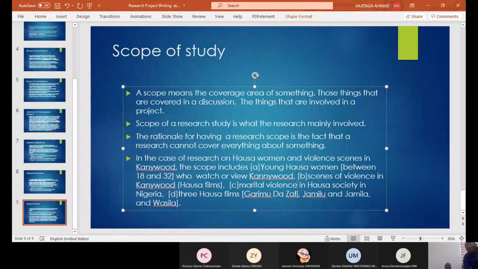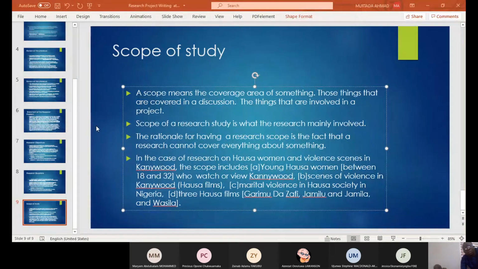So if you now look at what we have been talking about, you now see that everything connects. So look at the research scope, look at the objective, look at the question. You will see that both objective and the questions stream out of the problem.